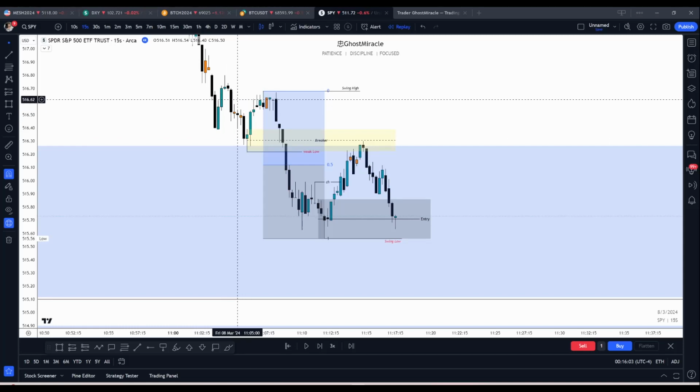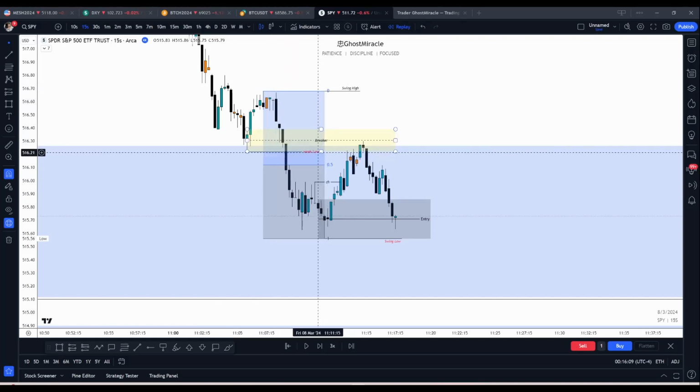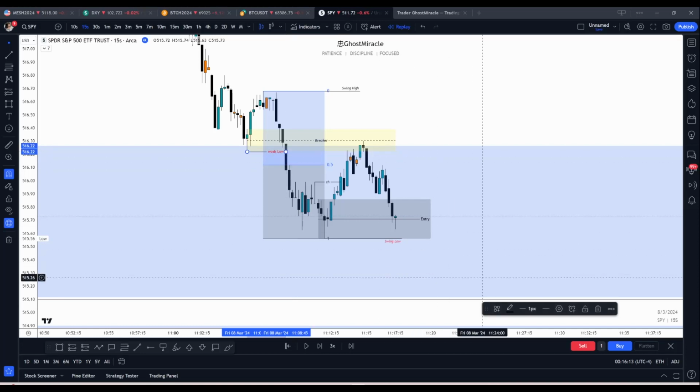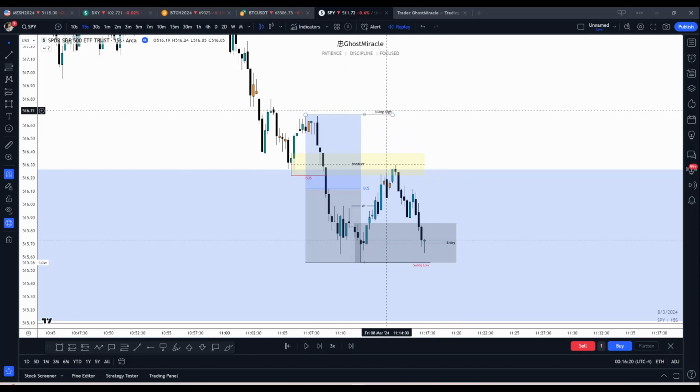So I always mark them up, or like I said, if I'm charting this area and then I get a nice break, because this is technically, I guess you could consider this a breaker structure, right? On this time frame.